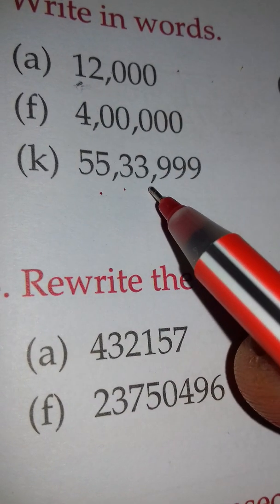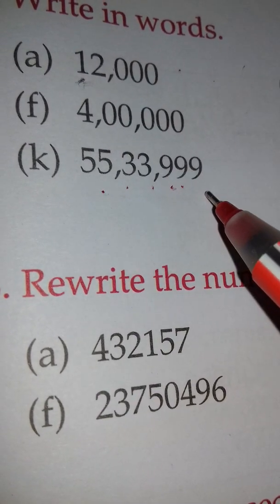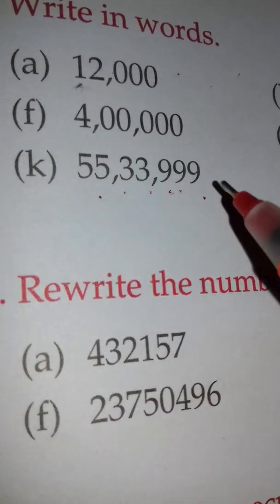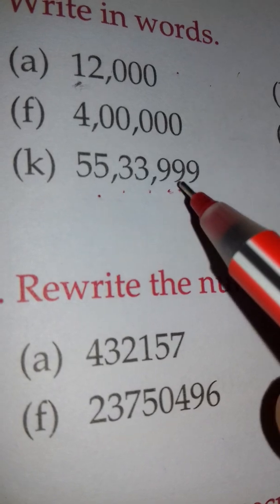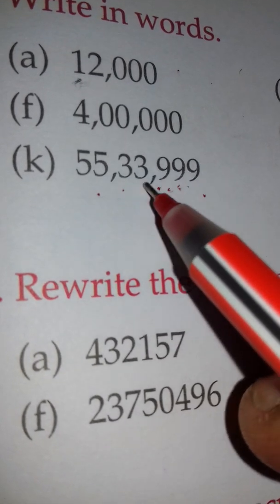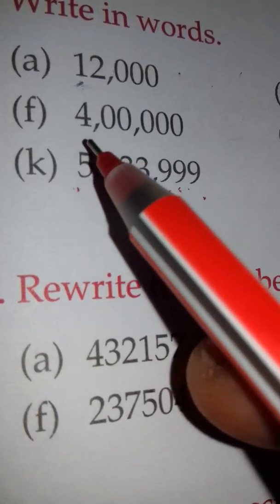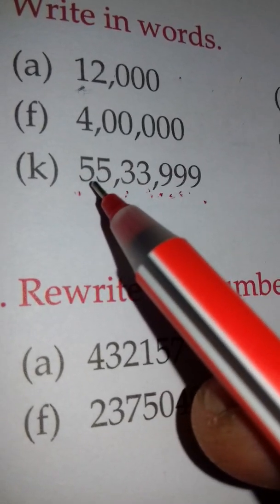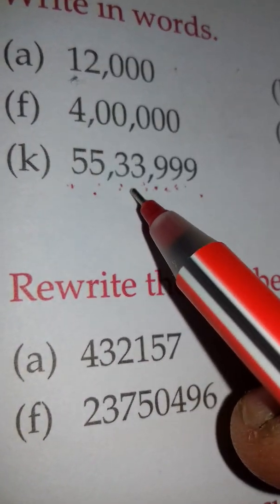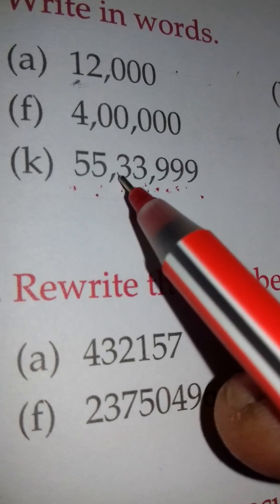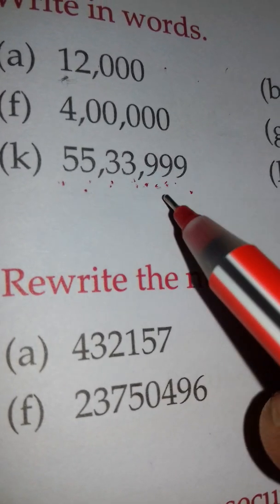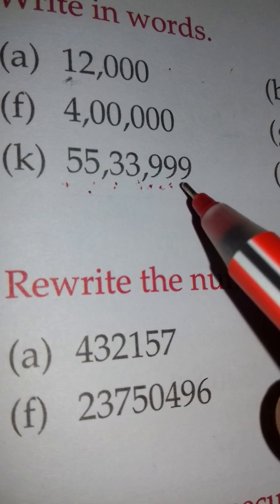K. 5533999. So let us see the places of all these digits. Ones, tens, hundred, thousand, 10,000, lakh, 10 lakh. So this 5 5 shows till the 10 lakh places, this 3 3 shows 1000 and 10,000, and this 9 9 9 shows hundred, tens and ones place.